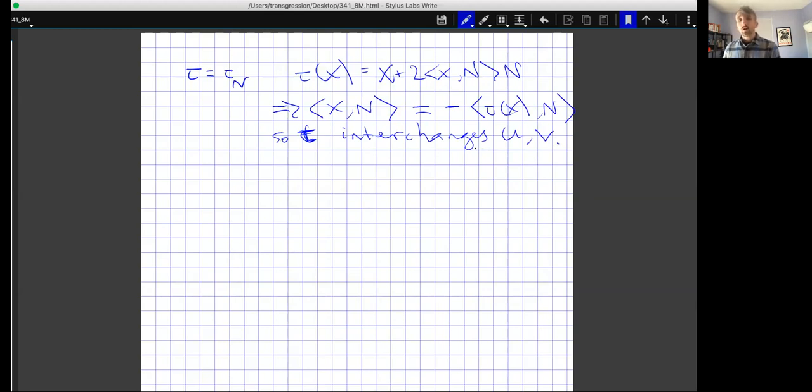Okay, so what's left is to show that U is connected. This is a reflection, so if you compose it with itself, you're going to get the identity. So as long as U is connected, we know U and V are homeomorphic, and that would finish the proof.